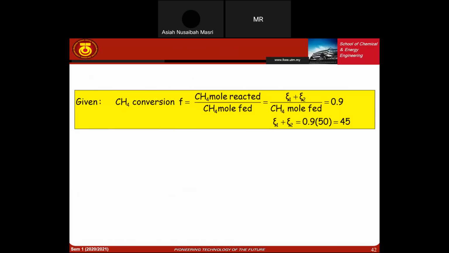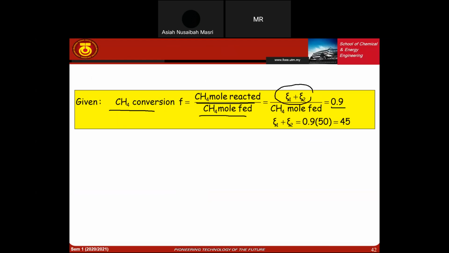So now, as mentioned in the question, the fractional conversion of CH4 is equal to 0.9. Back to the definition of fractional conversion, fractional conversion is CH4 mole reacted over CH4 mole fed. So how do we come out with this extent 1 plus extent 2?